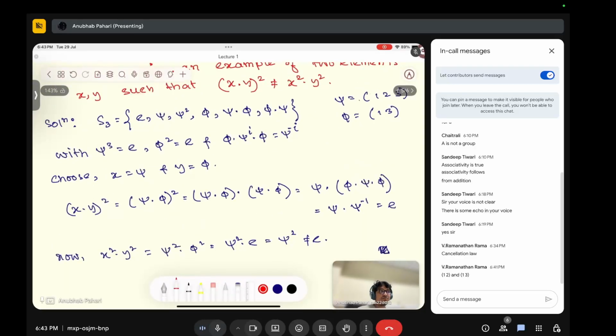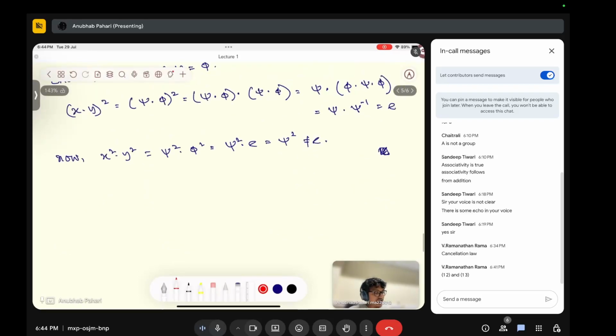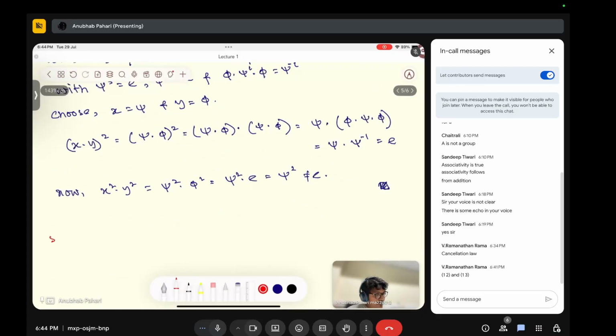So actually what we showed is that if you take any two generators, then you can show this result. Okay, now we'll be sticking to S3 again, question 5.